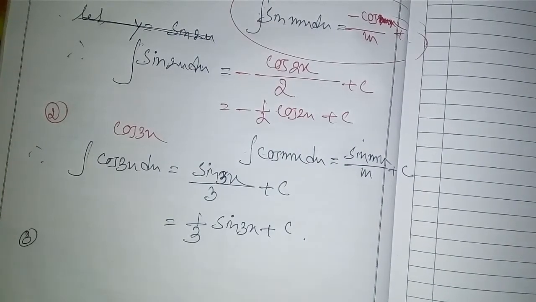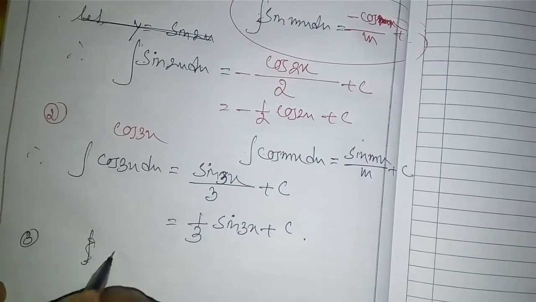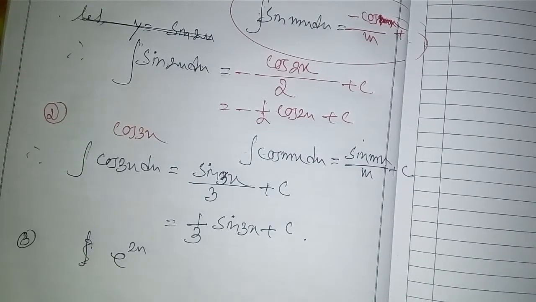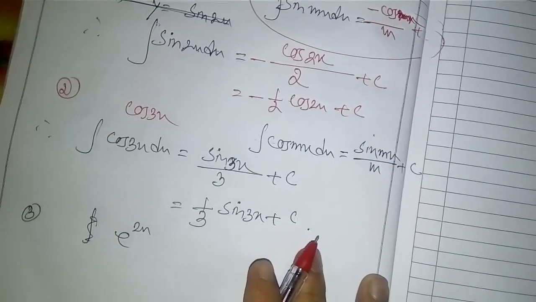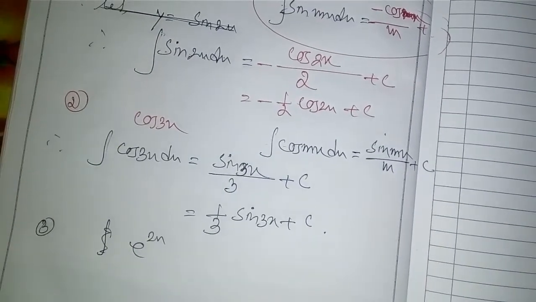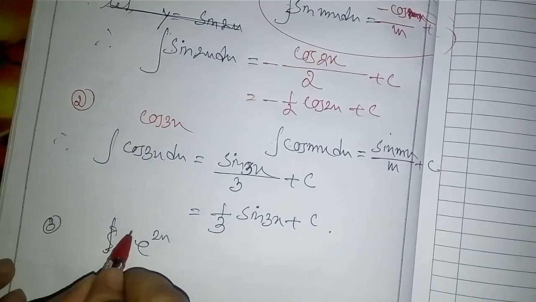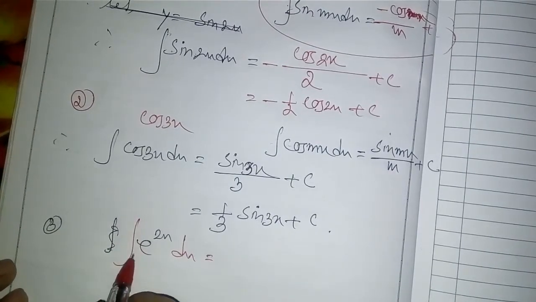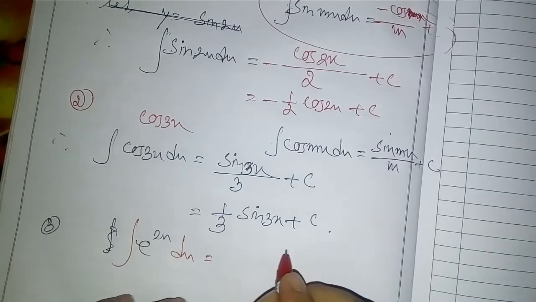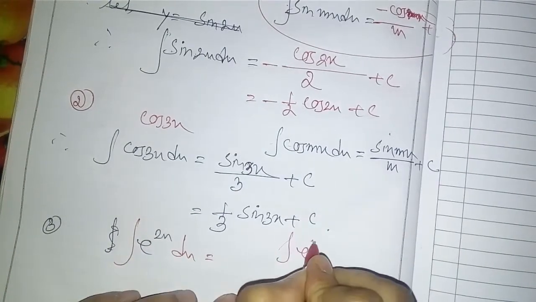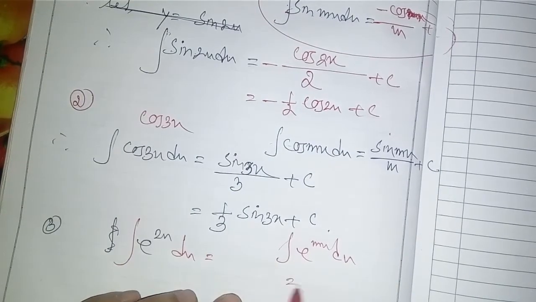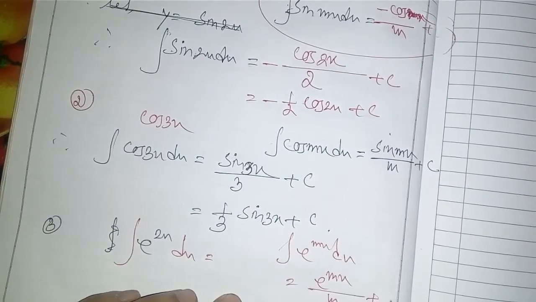Third number, e to the power 2x. So now integration of e to the power 2x dx. The formula is integration of e to the power mx dx equals e to the power mx divided by m plus c.